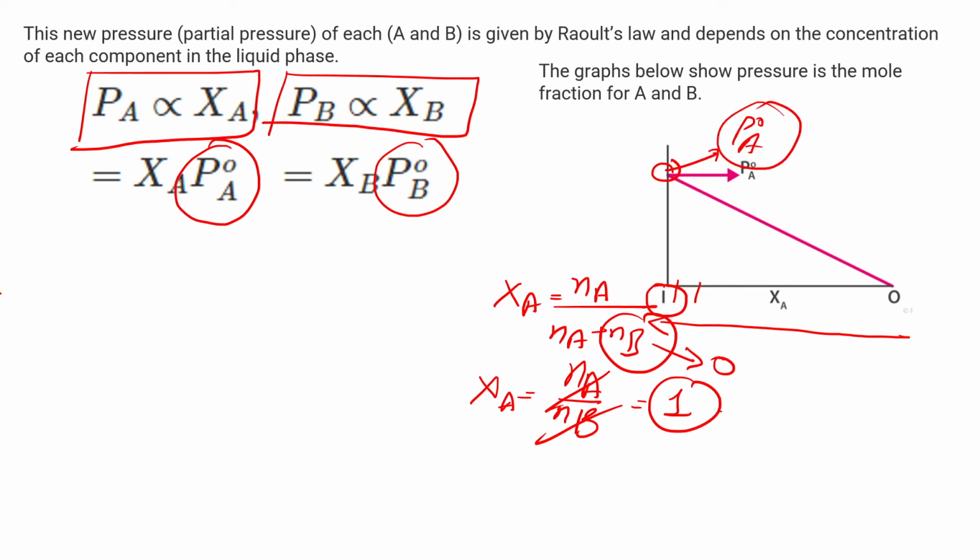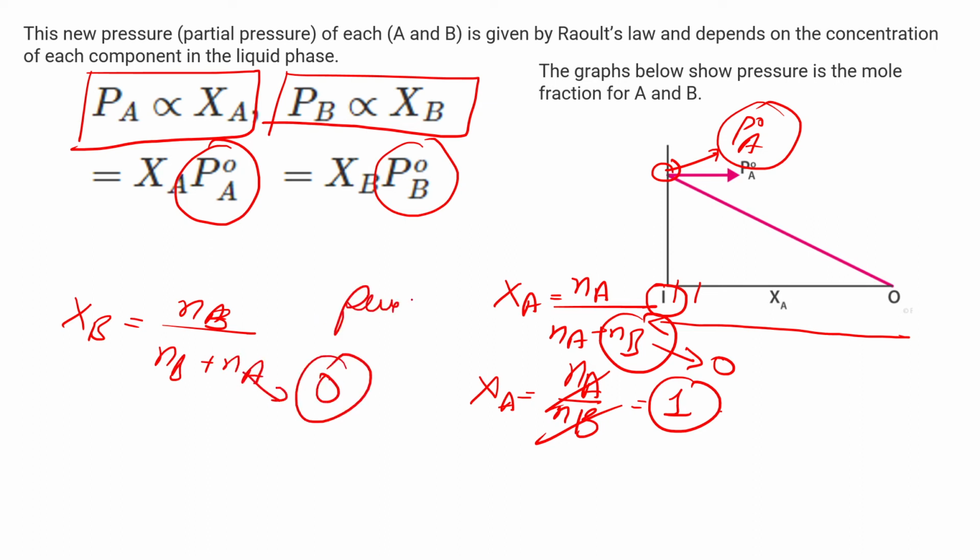But in a case where you have the mole fraction of B as NB divided by NB plus NA, where you have zero molecules of A, that means pure B. In that case, NB divided by NB will give you the value 1.